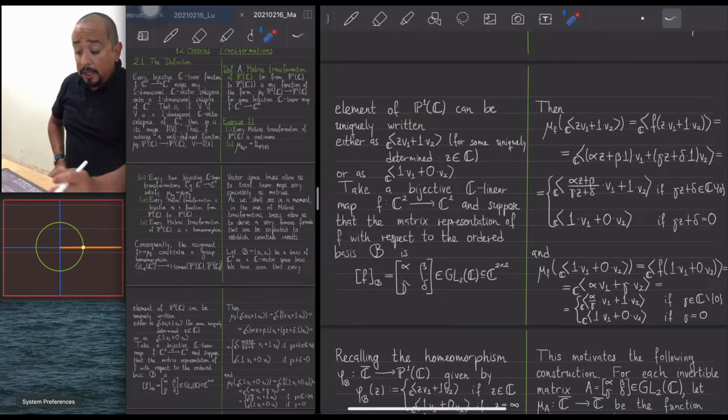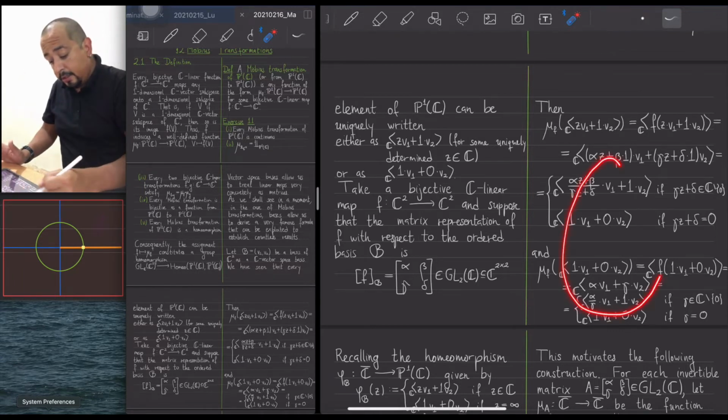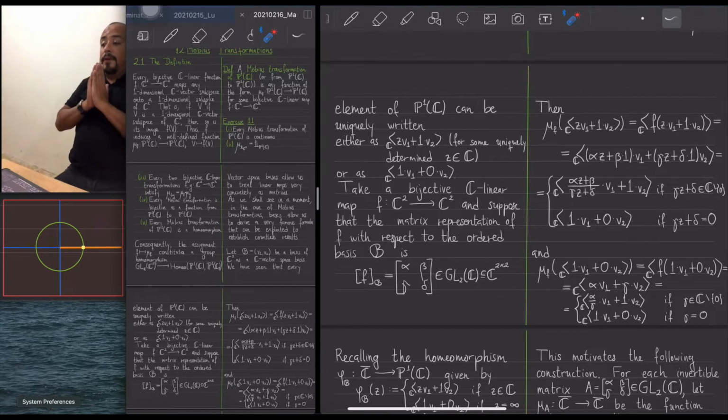Okay, now let us pull these computations to C bar. So far we have defined the concept of Mobius transformation for P1C. Now we know that P1C and C bar are homeomorphic.